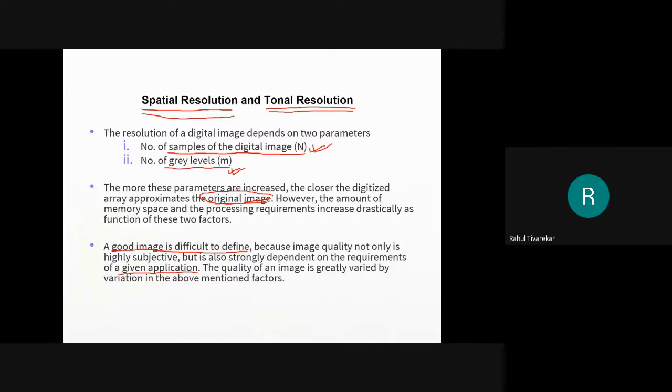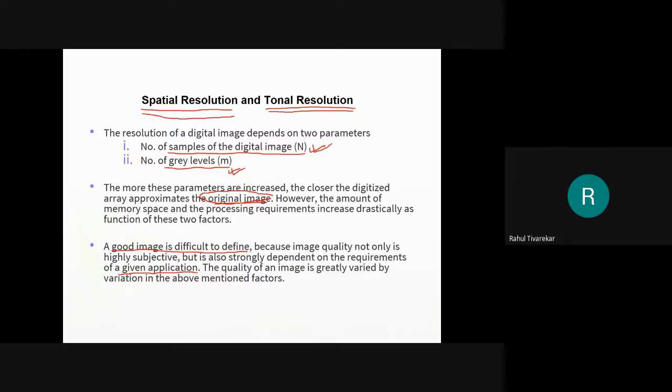For example, in a medical application where you want to detect some kind of bone fracture, a very good X-ray image is very necessary. But in some other application where you want to identify whether a person is present within a room or within a car, the actual boundary of a person is not so important.